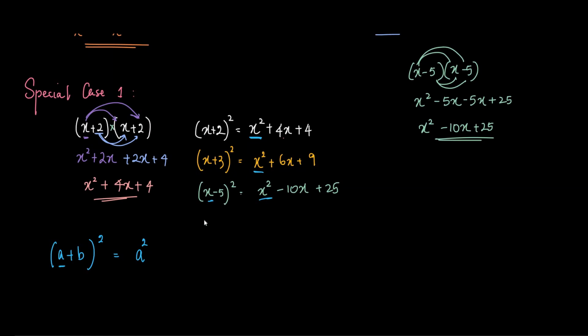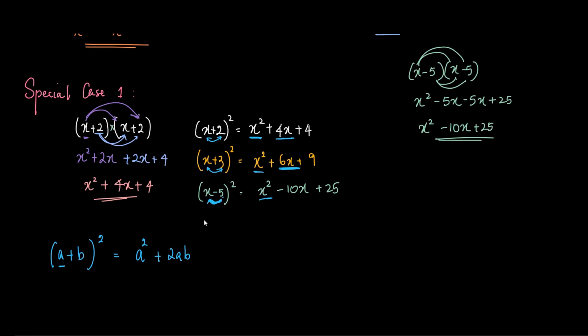It's 2x, and that's being doubled. 2 and x together is 2x, double that, 4x. 3 and x together, 3x, double that, 6x. Negative 5 and x together, negative 5x, double that, you get negative 10x. Likewise, if you multiply a and b, ab, and double that, you get plus 2ab.